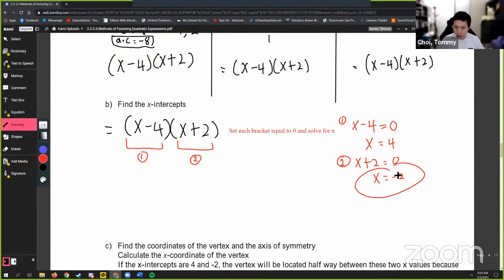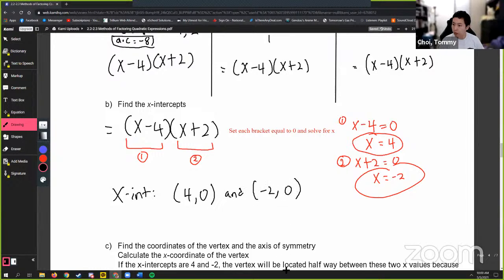So we have our two x-intercepts, and we just write it. X-intercepts are (4, 0) and (-2, 0). That's it. That's how you find your x-intercepts using your factored form. Set each bracket equal to 0, solve for x, there's your x-intercepts. That's all you have to do.